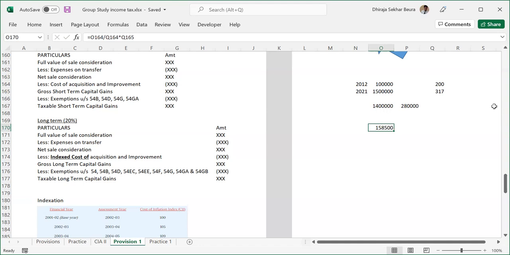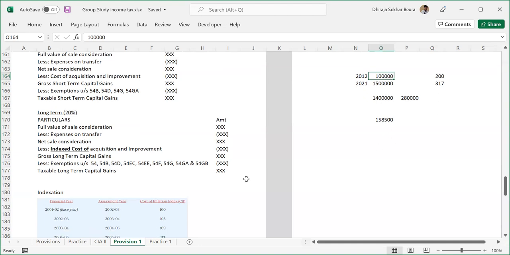So now that we have clarity on that, we are dividing by the CII of the year of purchase, and we are multiplying by the CII of the year of sale.